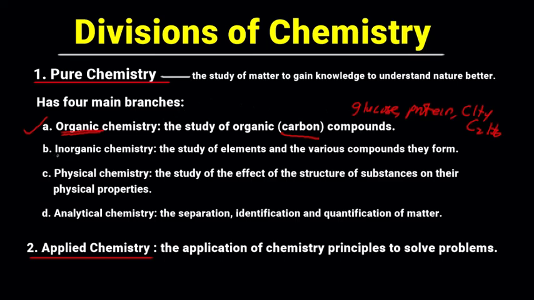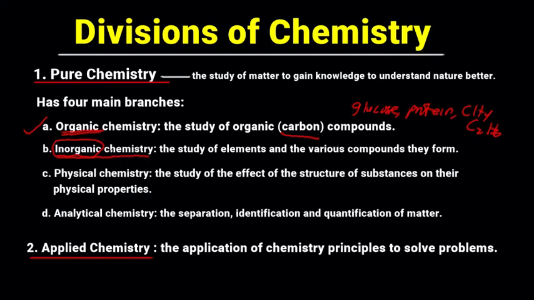Now, the second branch of pure chemistry is inorganic chemistry. Now, generally, anything that is not organic is inorganic. And inorganic is the same as artificial. So we can call this artificial chemistry.